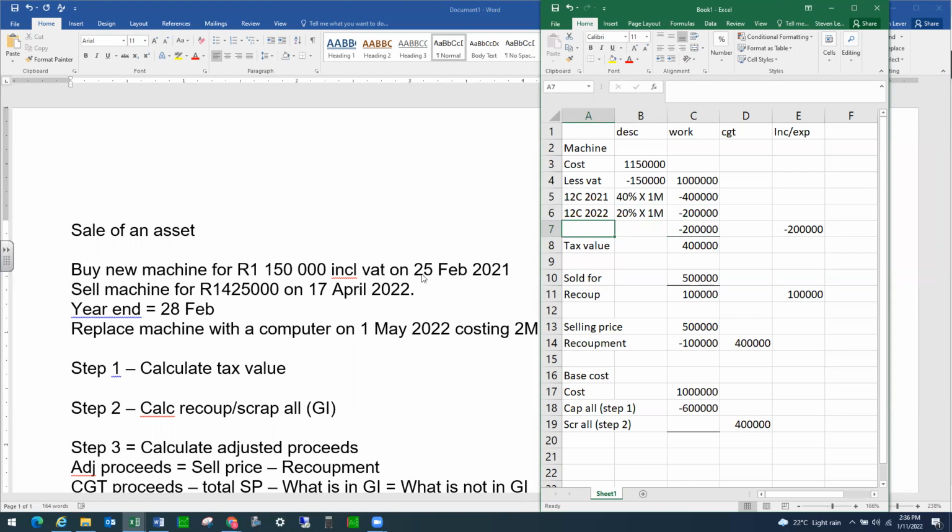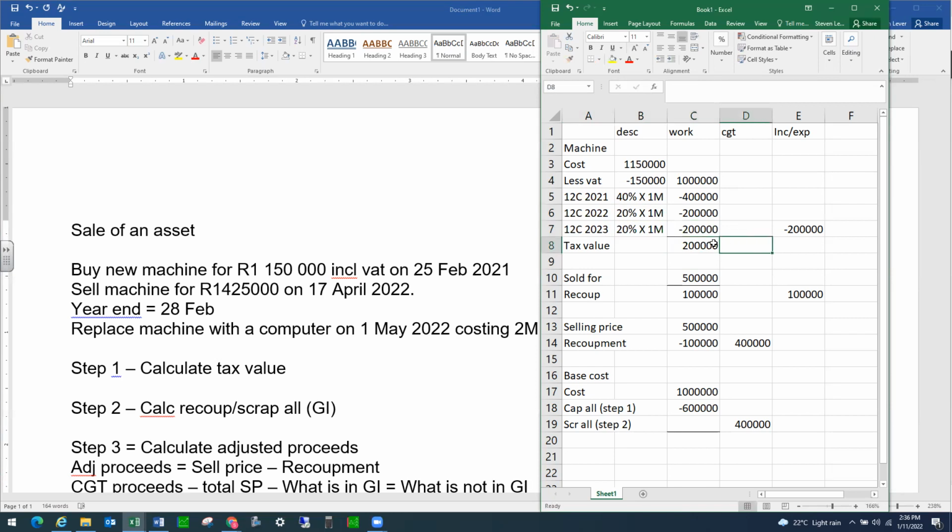So in the first year, even though it's only 3 days, we get the full 400,000 Rand taken off. Then the whole of the 2022 year, which ends on 28 Feb, is 200. And this one, 12C 2023, is going to be slightly different, with a final total of 200,000 Rand.